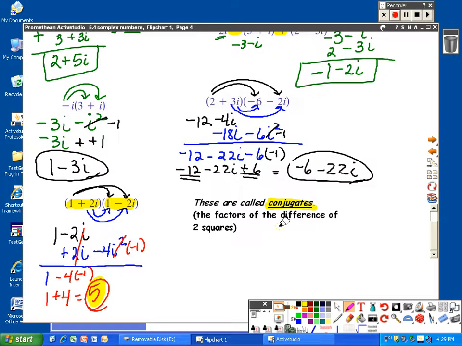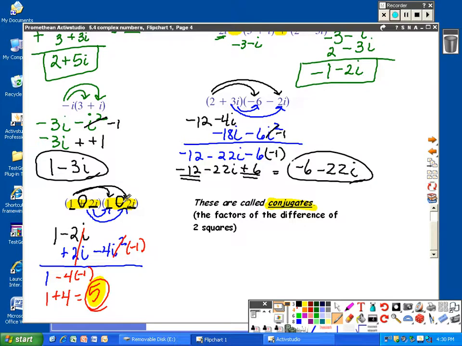So what does that mean? If you look at the first term, 1 and 1 is the same. You look at the last term, 2i and 2i, it's the same. One is plussed and one is minused. So the first and last terms are the same. One time you plus, one time you minus.